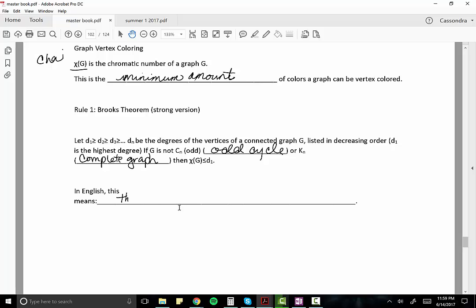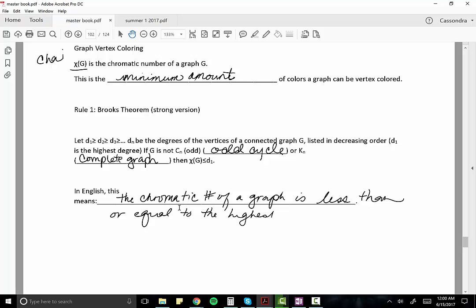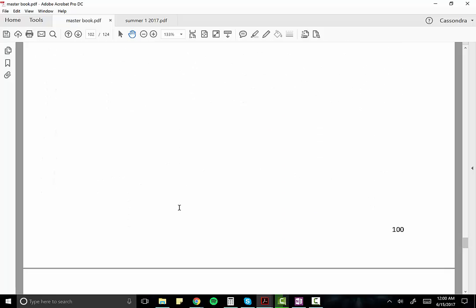So the chromatic number of a graph is less than or equal to the highest degree in that graph. So that'll come in handy.